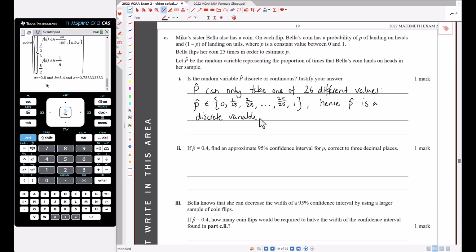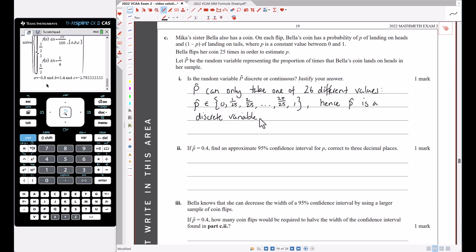There'd be a tipping point where if Bella flipped this coin 10 billion times, then we might be starting to get to a point where we might be able to model p hat as a continuous variable, even though technically there are still only 10 billion and one possible values for p hat. But definitely where she's flipping the coin only 25 times, there are only 26 different possibilities for p hat, and so p hat is still a discrete variable. It's worth noting though that p hat is not a binomially distributed variable.